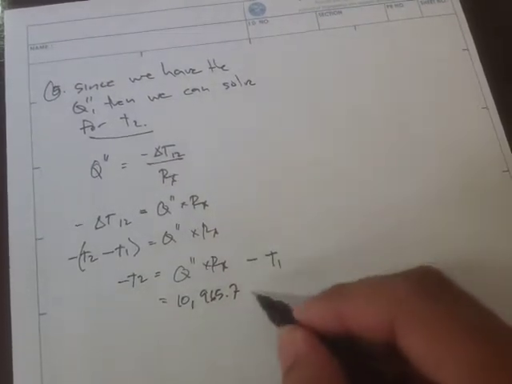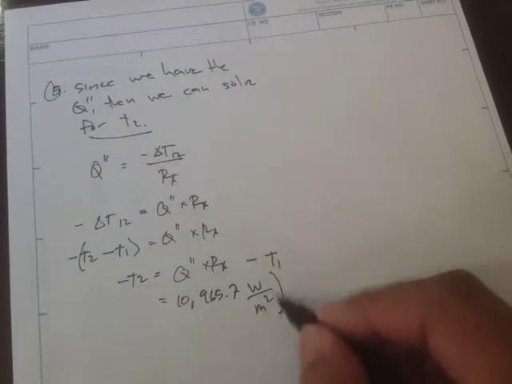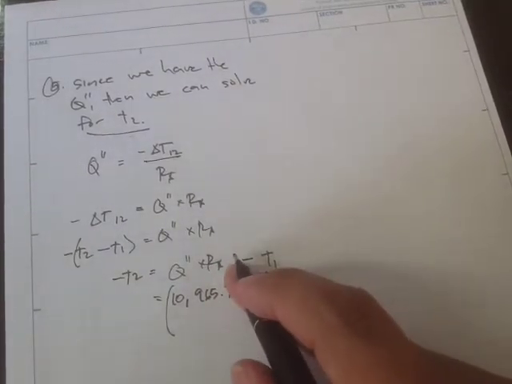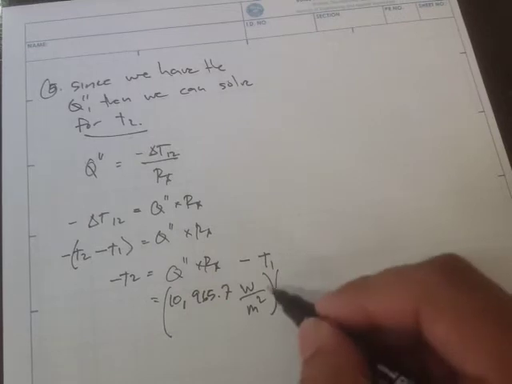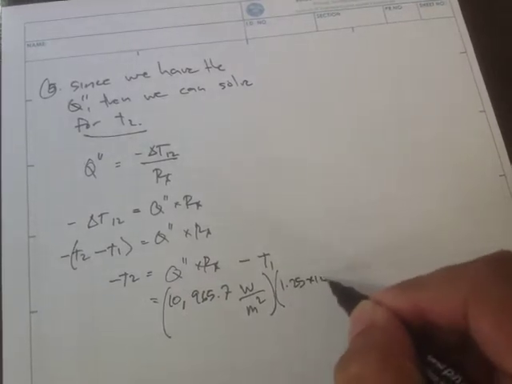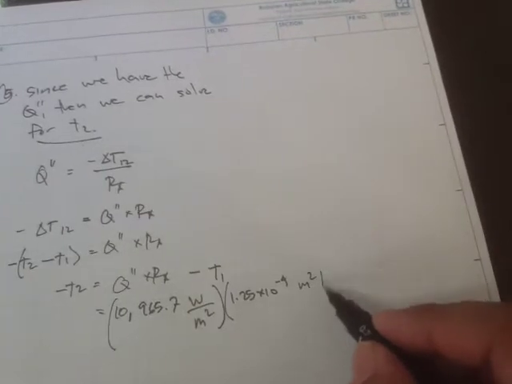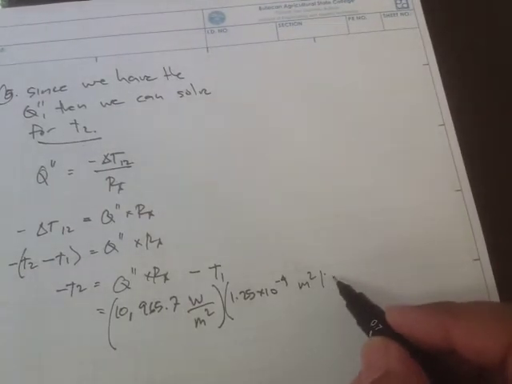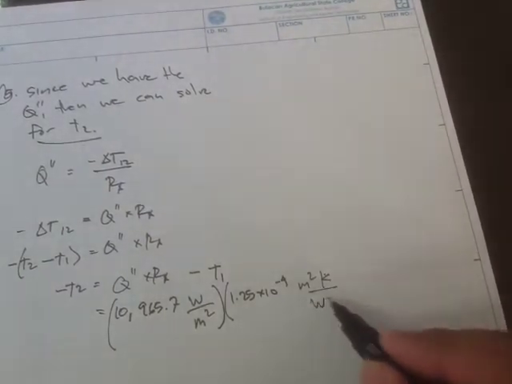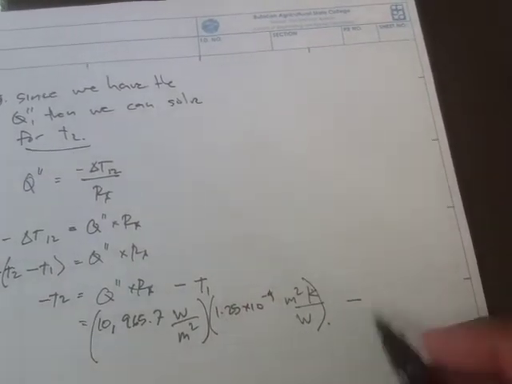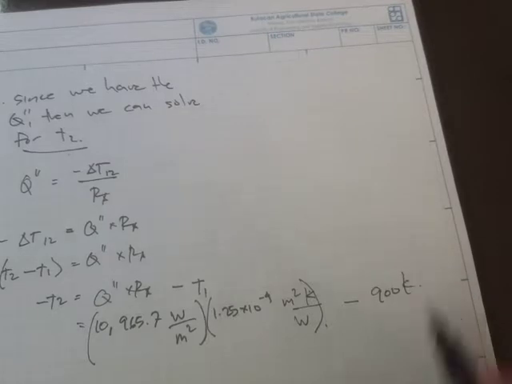watts per meter squared times the resistance of A, which is 1.25 times 10 to the negative 4 meter squared Kelvin per watt, minus T sub 1, and T sub 1 is 900 Kelvin.